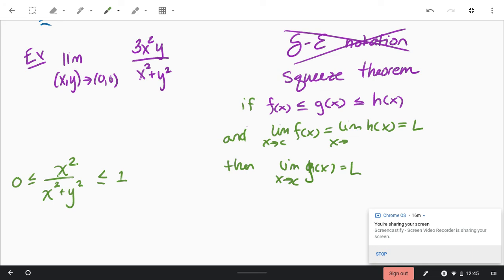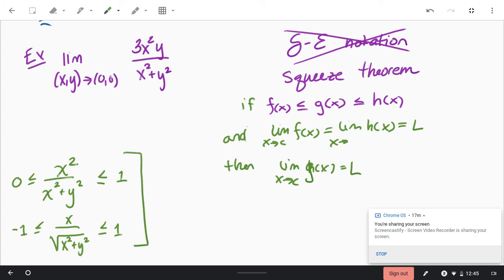Another one that you will see is x over the square root of x squared plus y squared. That is always less than or equal to 1. At best, if y is 0, then your numerator equals your denominator. If y is anything other than 0, your denominator is bigger than your numerator. And in this case, your numerator could be negative. So both of these show up a lot.